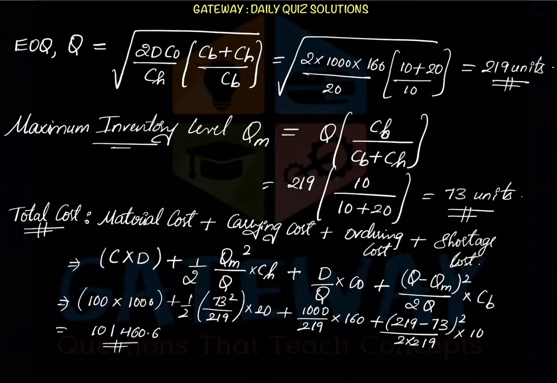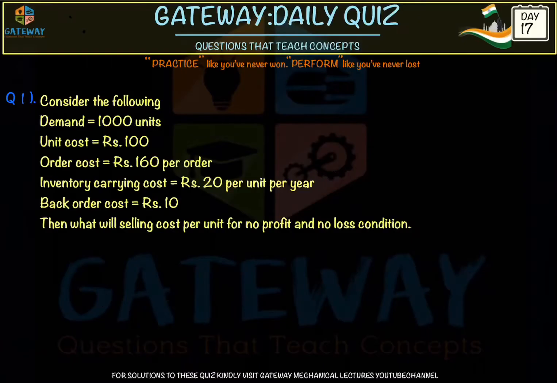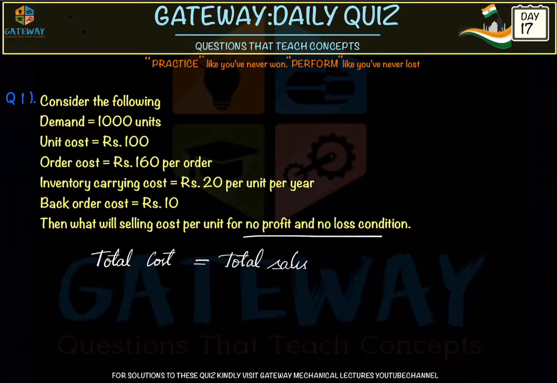And for the no profit no loss case, generally our total cost, whatever we are spending, should be equal to the total sales, whatever we are selling. So in a year we will be selling demand, nothing but D number, nothing but 1000 units, into, for each unit we need to determine the selling cost.